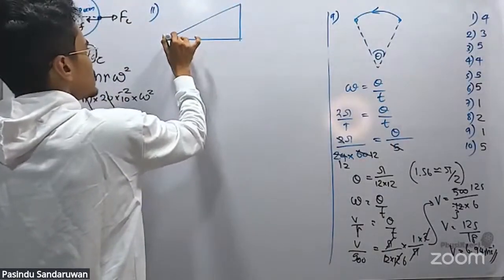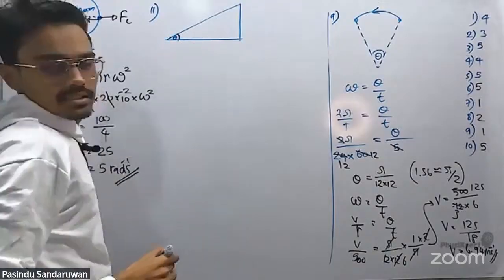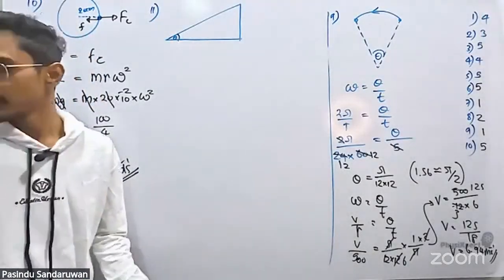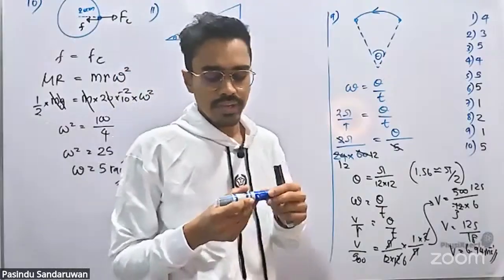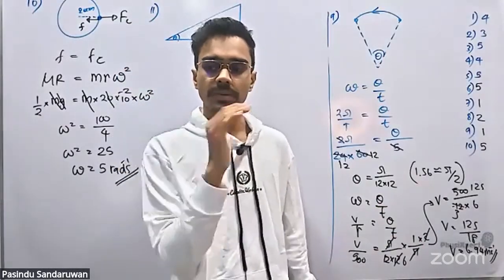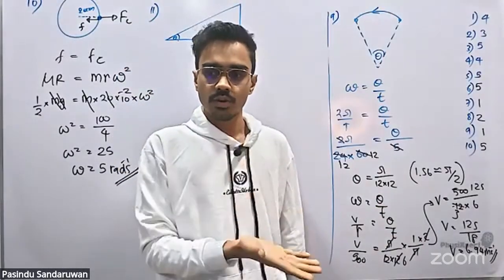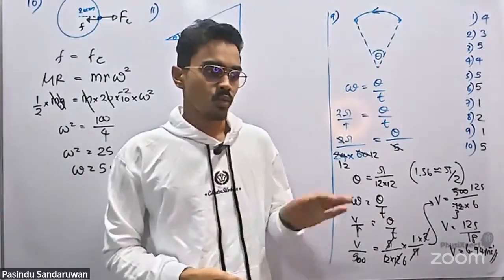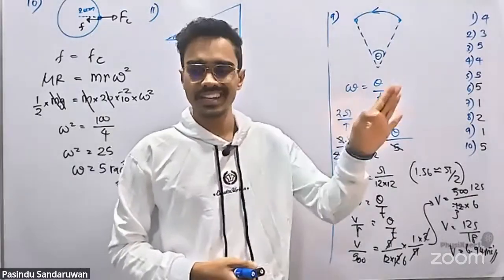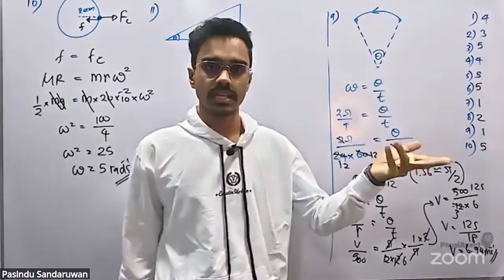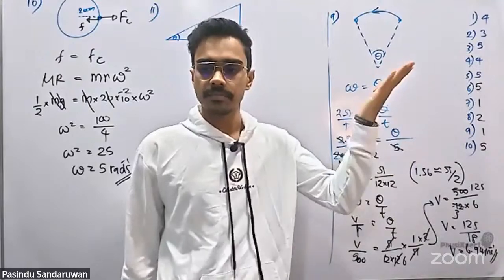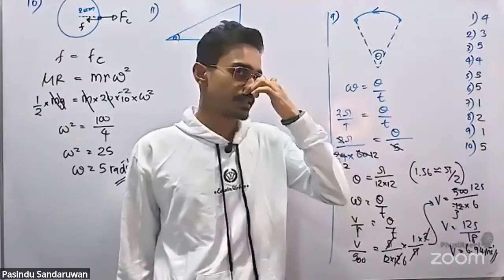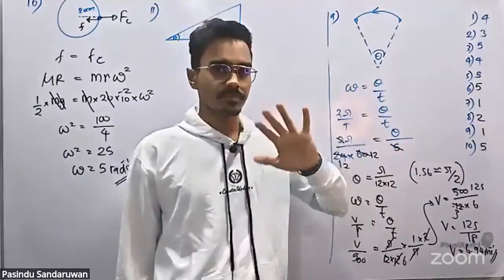If the angle is given like that, 13 to 5 means when it moves 13 along the plane, it goes 5 vertically upwards, which means when it travels 13 meters along the plane, it lifts up by 5 meters. If that is in kilometers, 13, 5, because it should be in the same units.